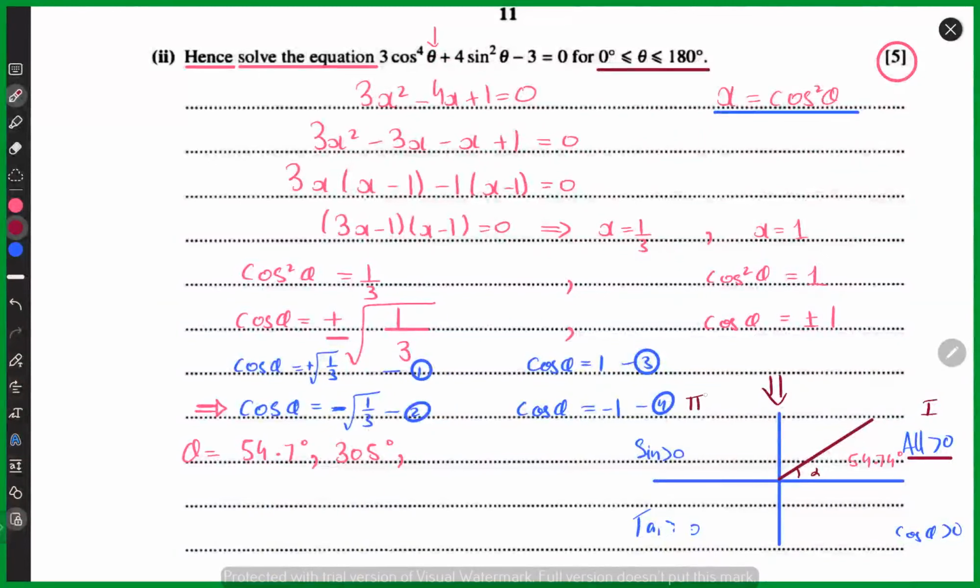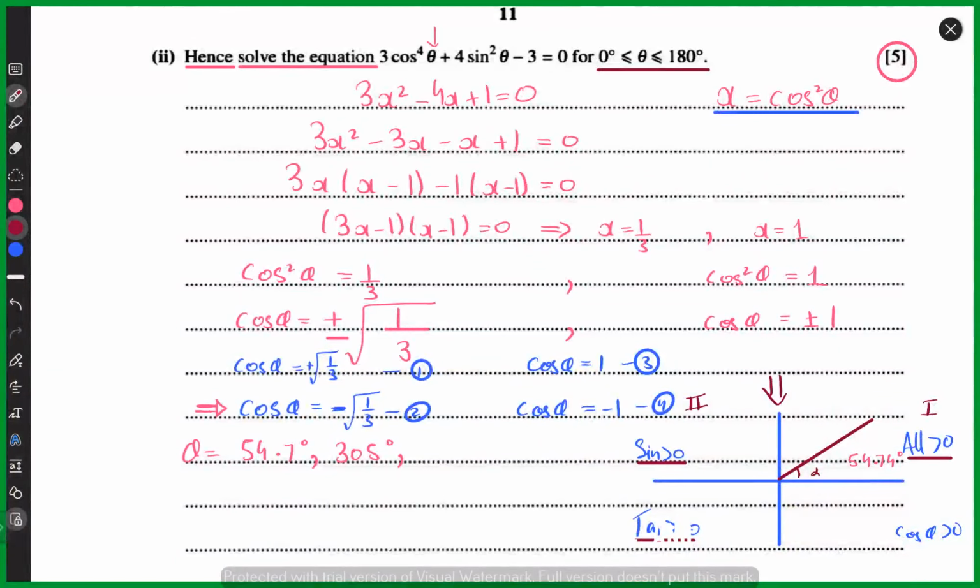Let's consider the second quadrant. In the second quadrant, it says sine is positive. So when sine is positive, cos and tan are negative. This means that we would be staying in the second quadrant, and in the third quadrant, it says tan is positive. So when tan is positive, sine and cos are negative. Again, cos is negative.